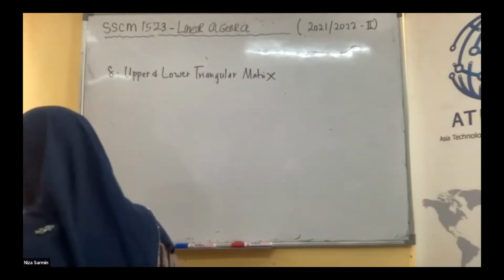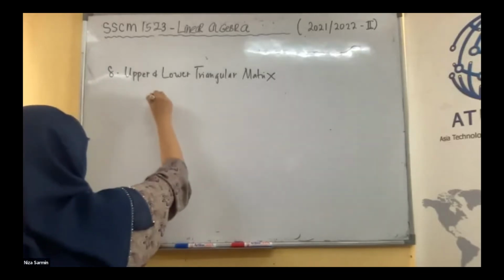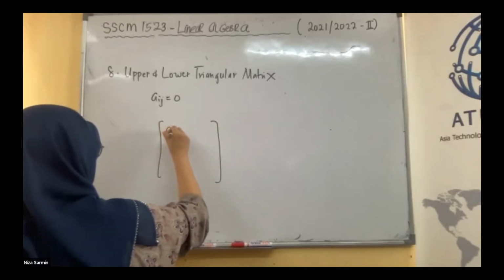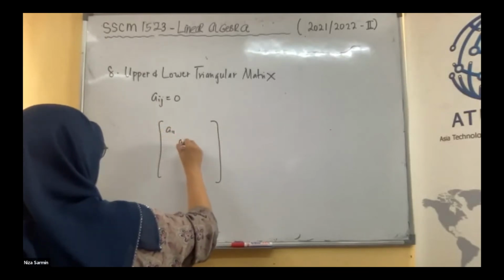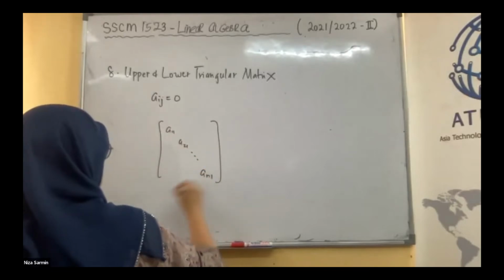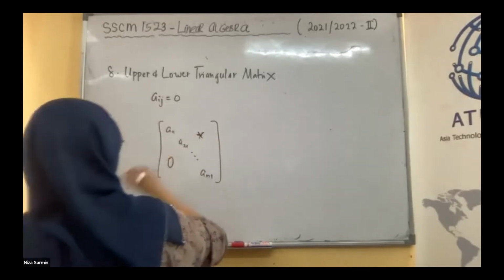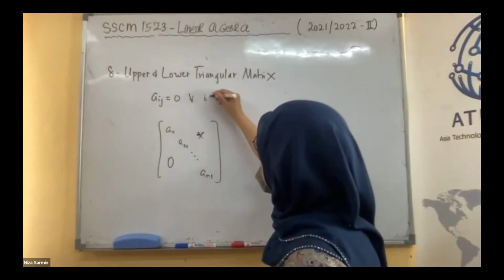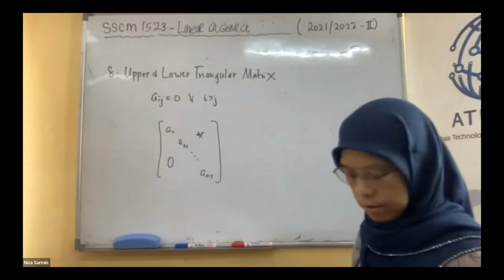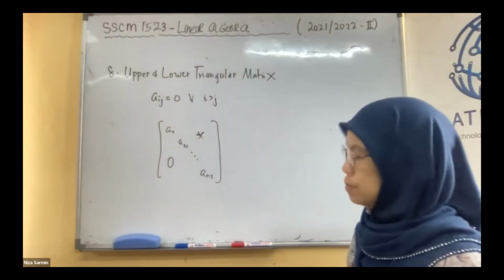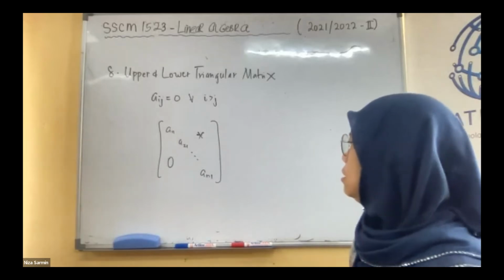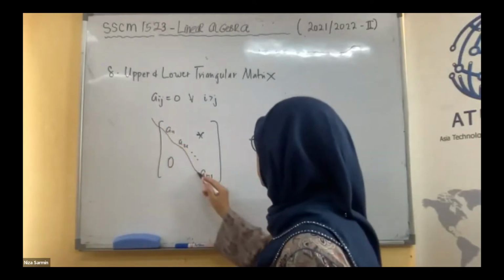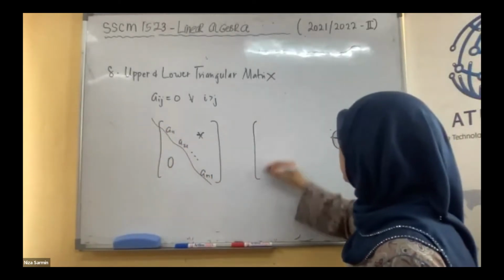So upper triangular matrix, Aij is 0. So you have like A11, A21, An1, star, 0, for all i bigger than j. Because for anything below this, you remember when I write like this?